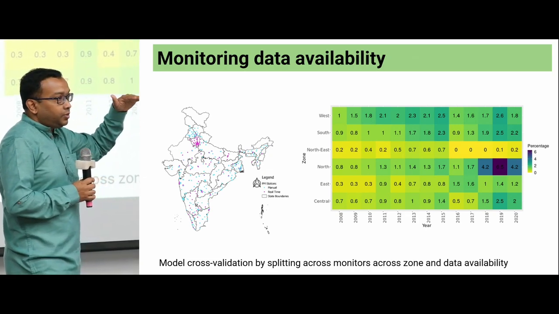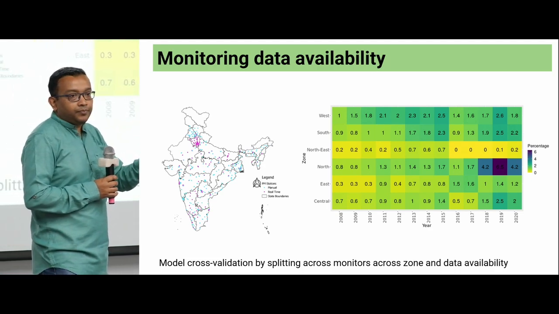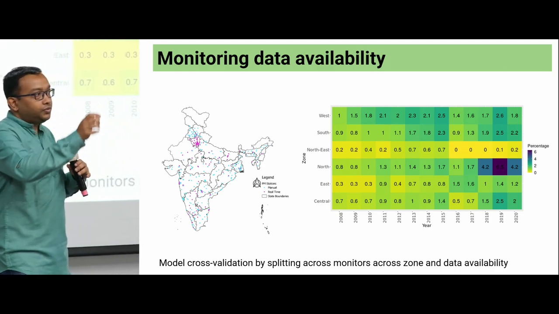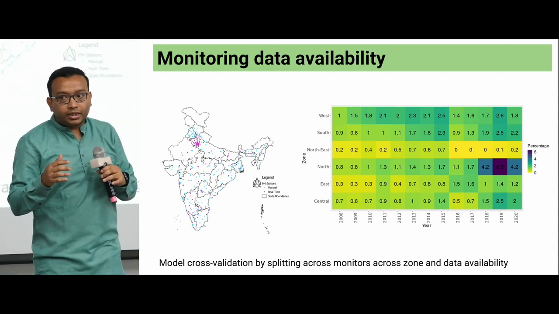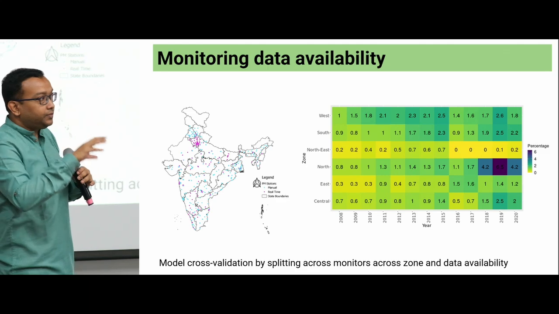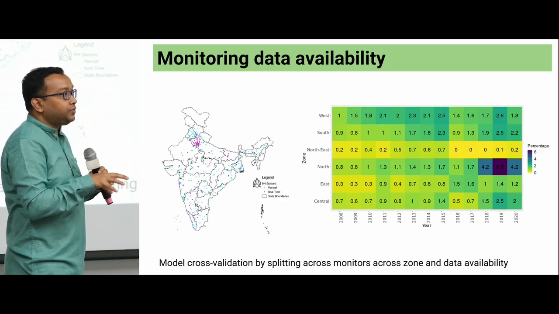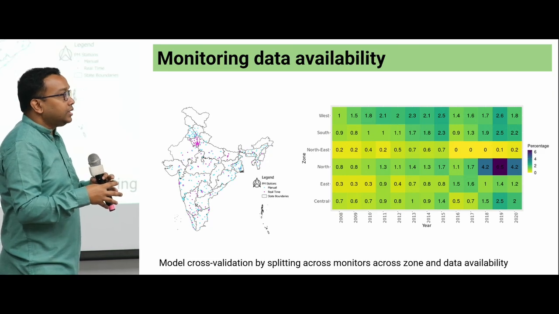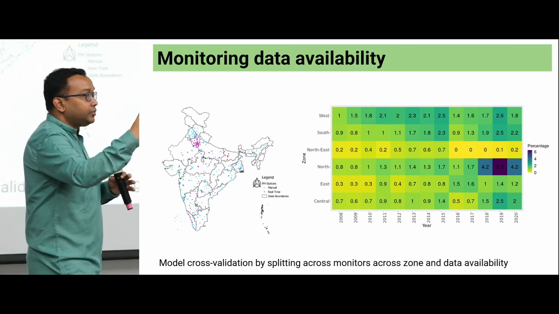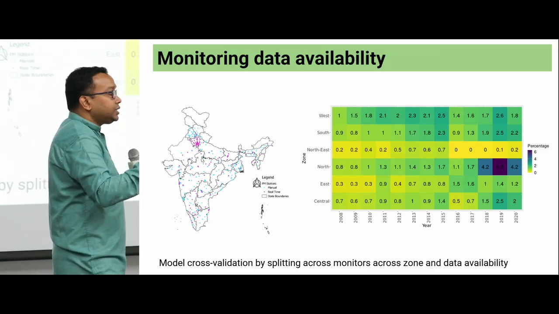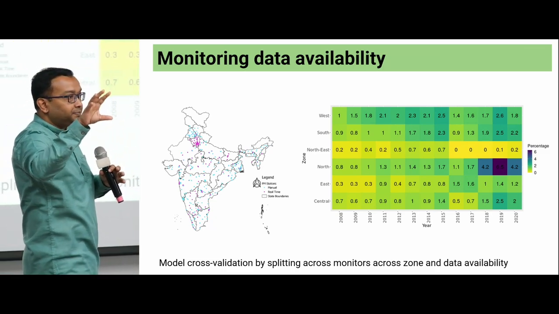So each monitor has some data availability, or contribution. If you have this data availability as a variable, you can create strata out of that. Monitors with very little data would be the first, let's say the lower 10%, then 10 to 20%, 20 to 30%. Monitors which are contributing a lot of data would be in the top strata.